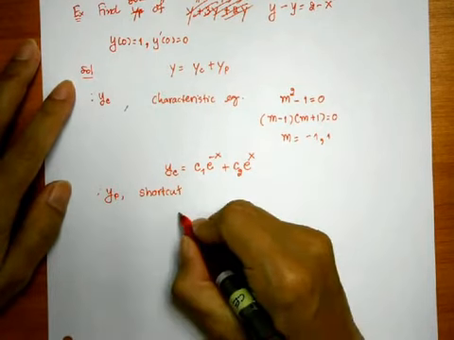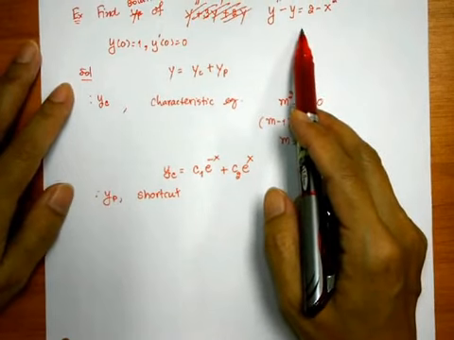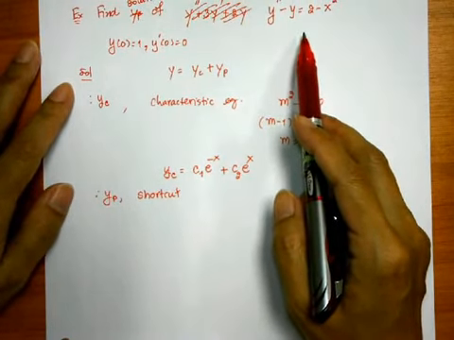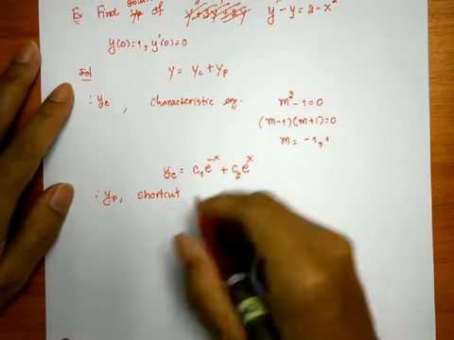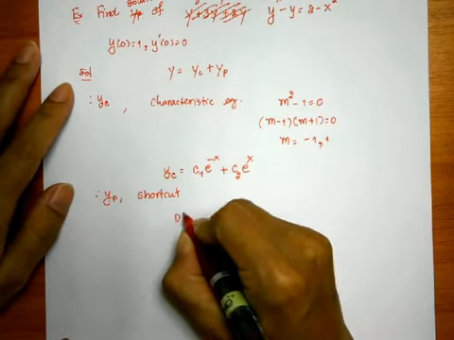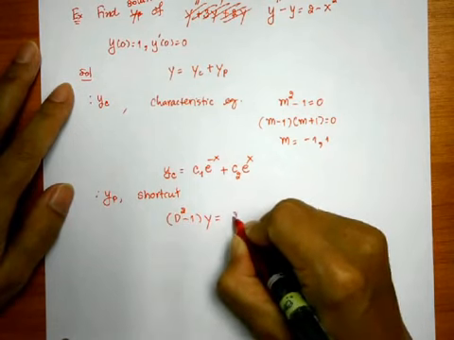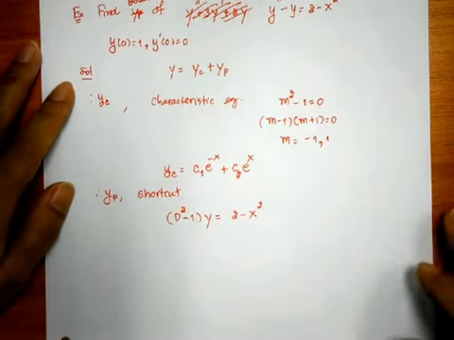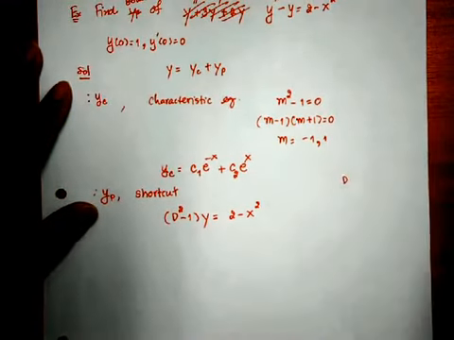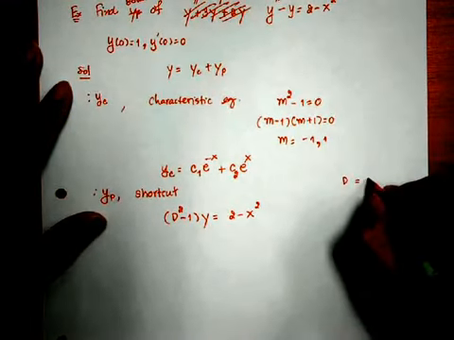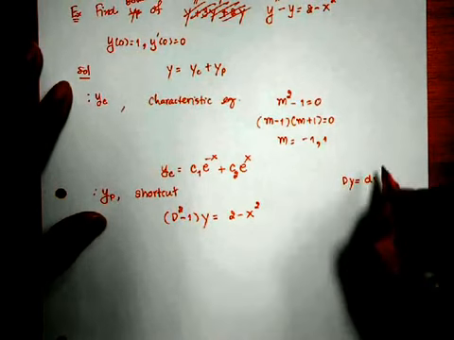In that case, we have to write our differential equation in terms of the operator. So we get d squared minus 1 times y is equal to minus x squared. Right? Because our definition says that if we have dy, it means dy by dx.